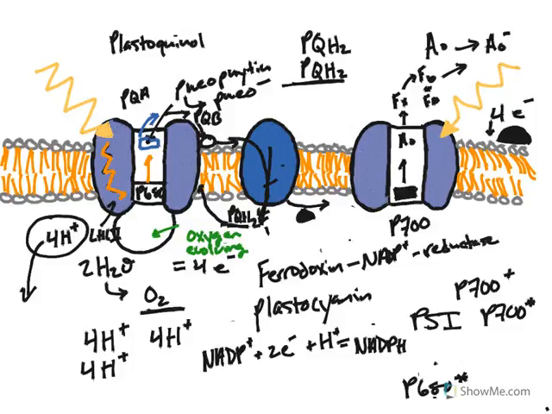So for the creation of 1 molecule of O2, the expenditure of 2 water molecules will be making a total of 2 NADPH. So from this process we've created 2 really high energy molecules for spinning energy in the Calvin cycle, and we've created a proton gradient.